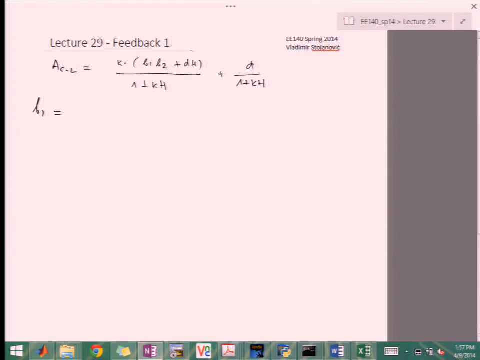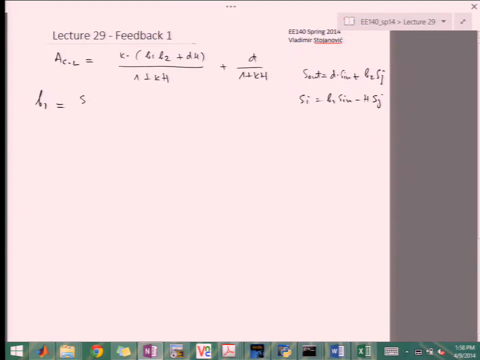Maybe I should rewrite the equations as well, just so you have them. Okay. So B1 is Si over Sin, given that Sj equals 0.